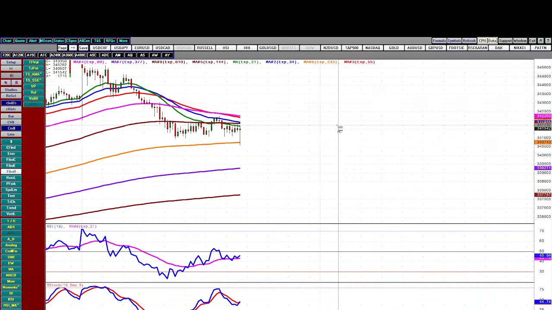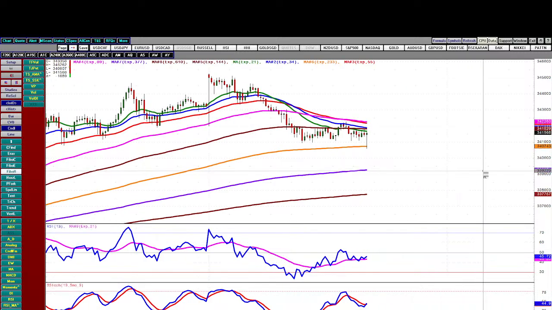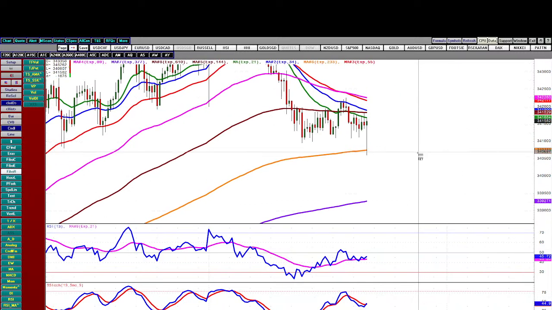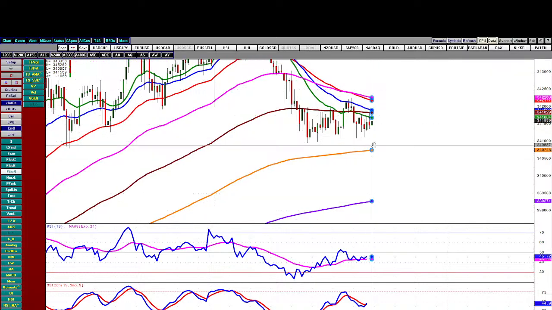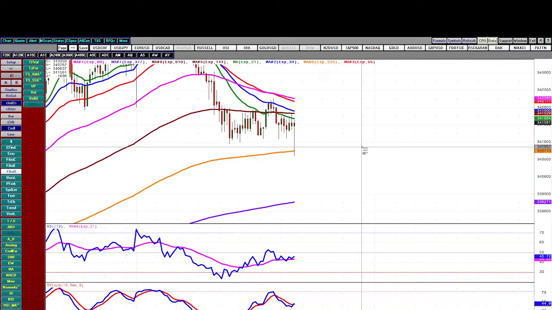We have to see whether this is going to be a fail break or still going to continue lower. We have to give some time, then we will know the answer. Okay, let's move on to our Dow. The Dow trade is okay. Let's look at Nasdaq.